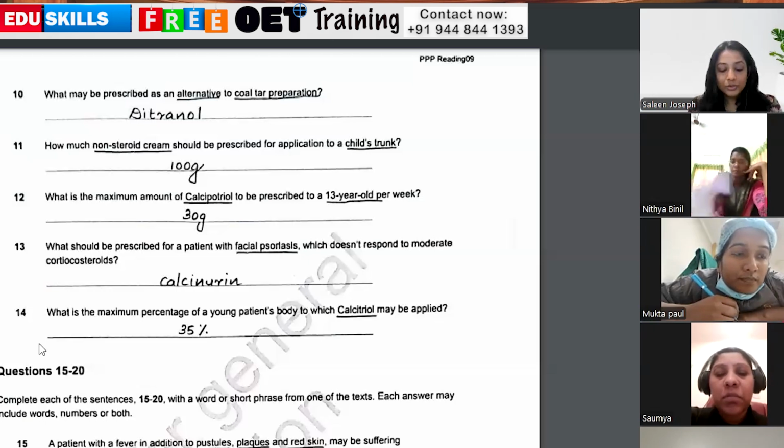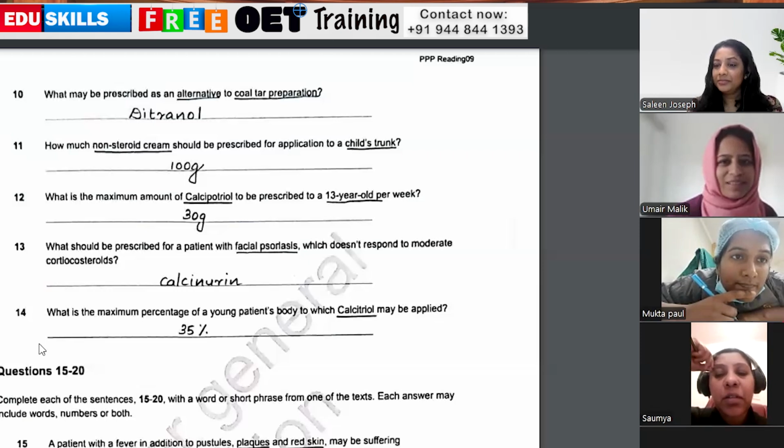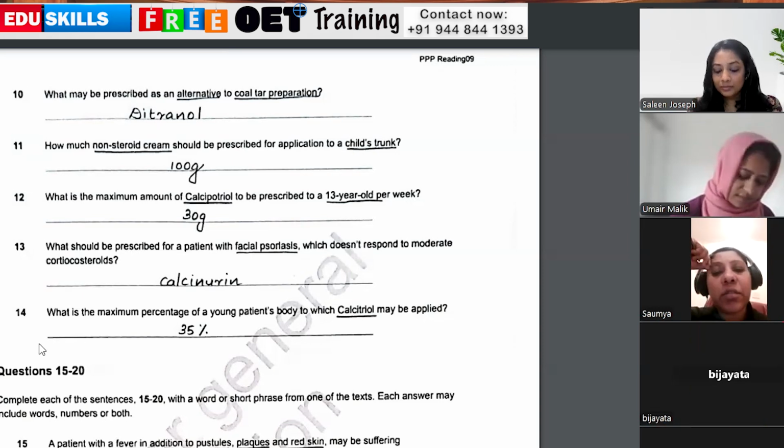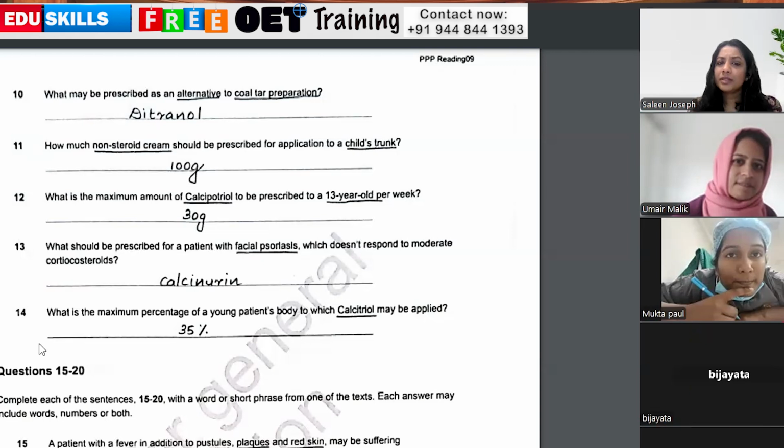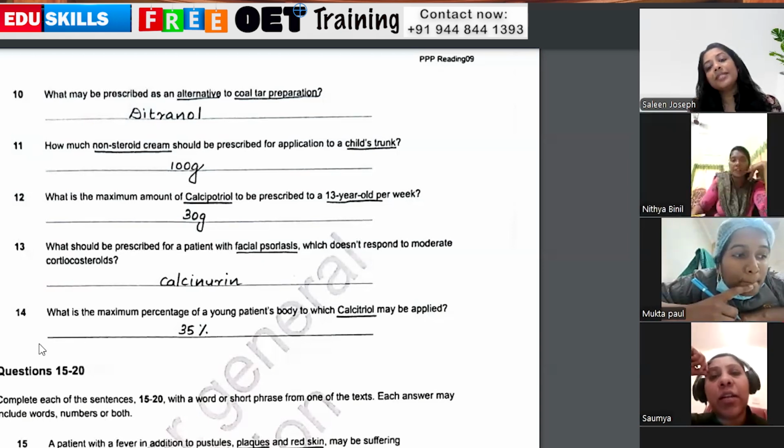Now, moving to the 14th question. Whether the 14th one is right? If it is wrong, write without the percentage sign, only 35 needed? No. Even if the percentage is already in your question, you can write 35%.